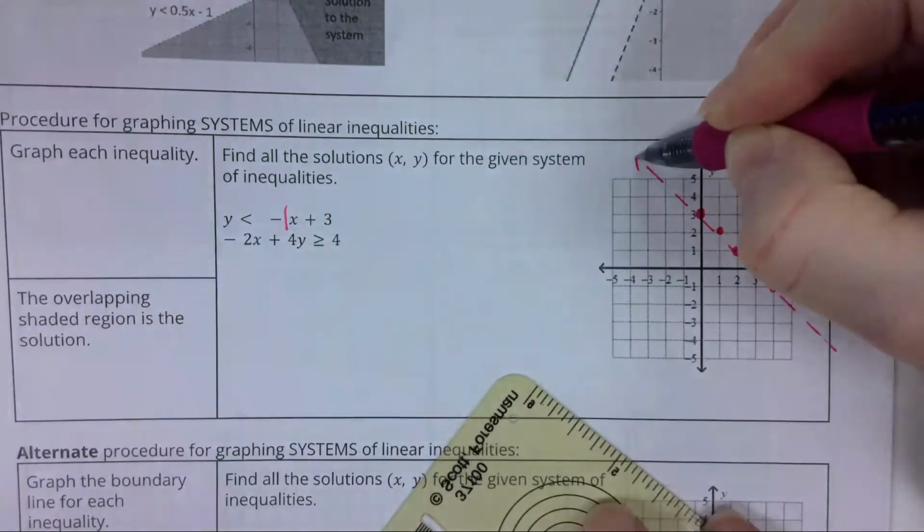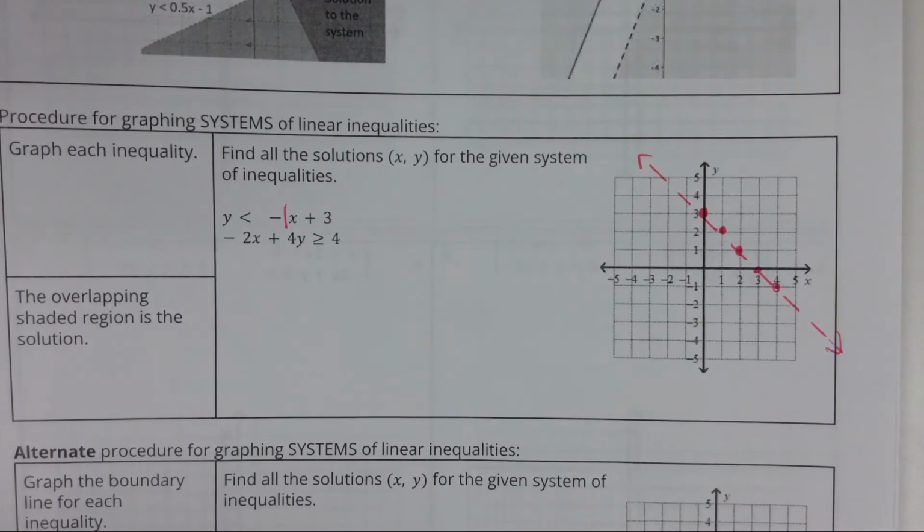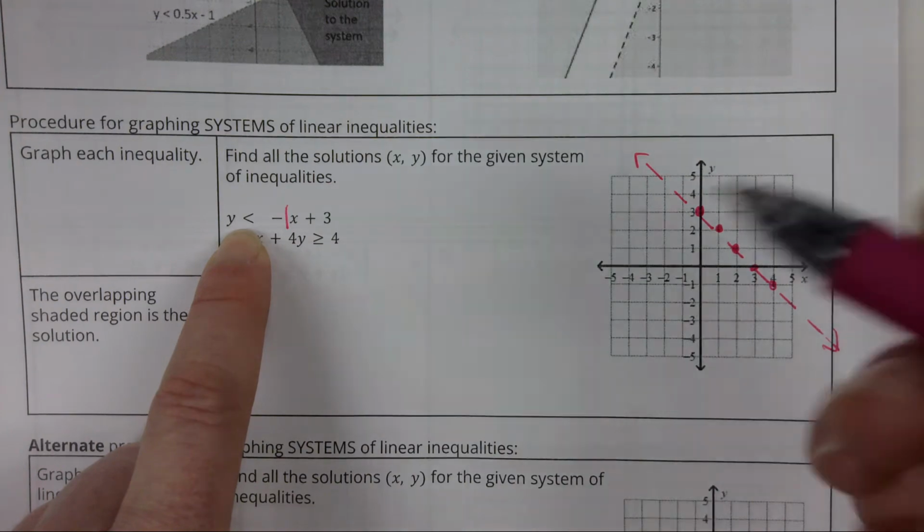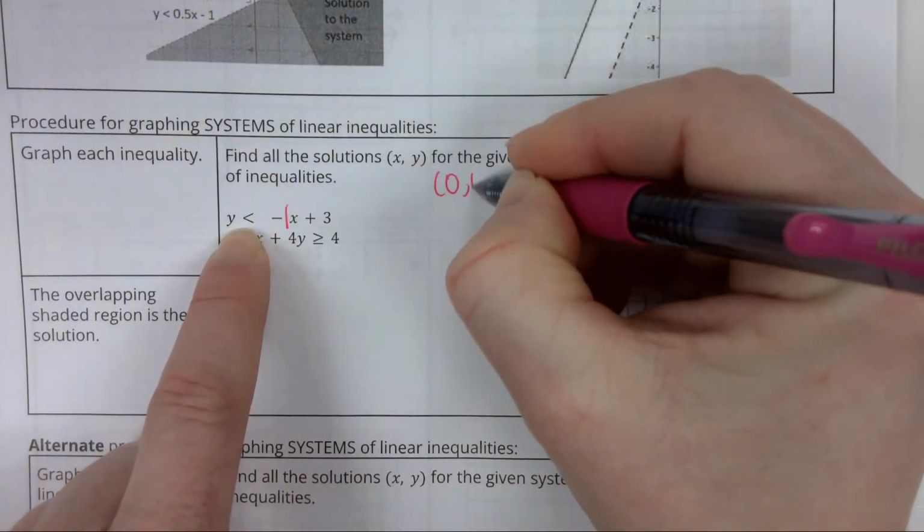Okay. Now, if you want to shade and then have the overlapping region, that's fine. What I'm going to do instead of messing this up with all the shading is I'm going to use arrows. I'll show you what I mean by that. Let's test a point. What point do you want to test? 0, 0 is below the line. So I test 0, 0. I put it in for y.